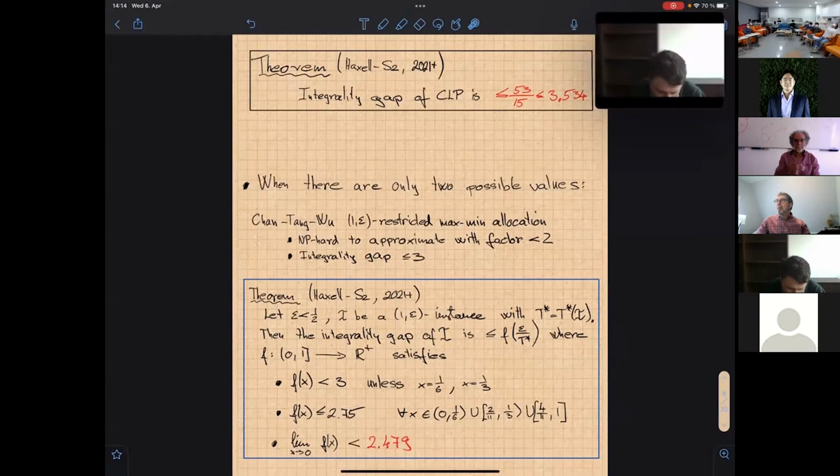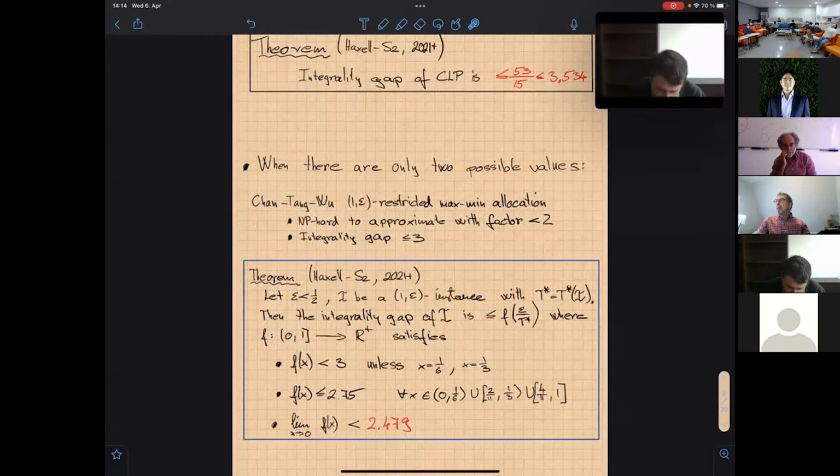So what we can do with our method is to reduce the 3 significantly when we really have a tiny difference between the weights. So we have some function that the integrality gap is governed by.